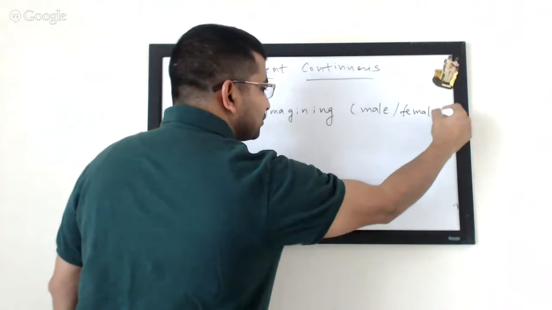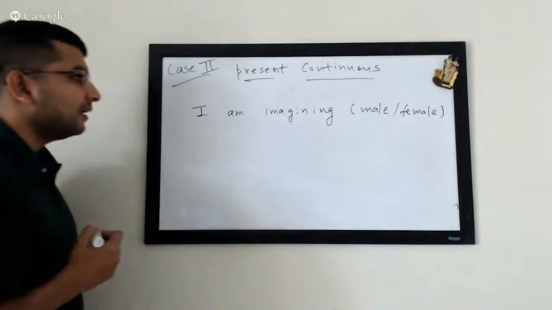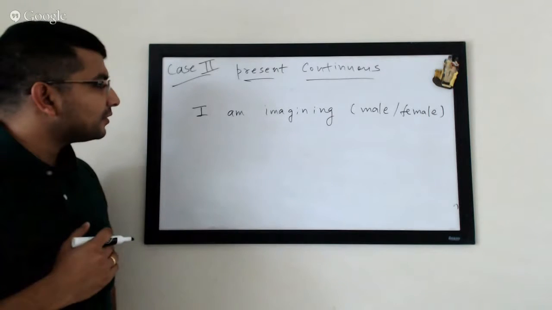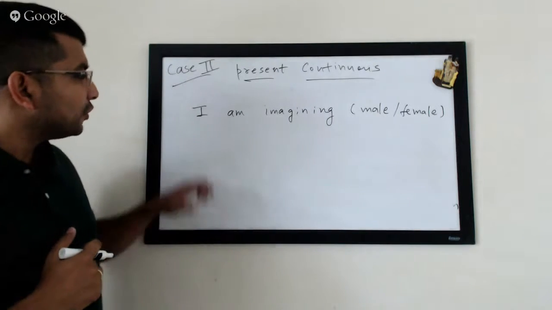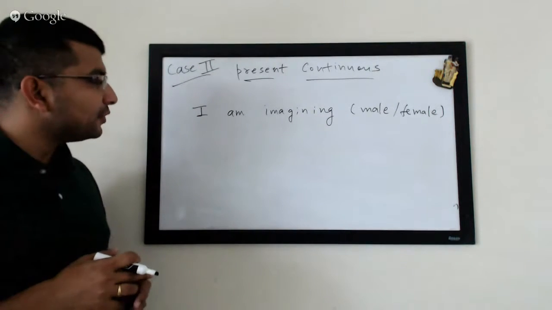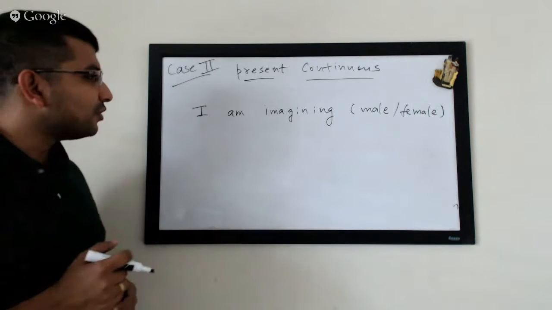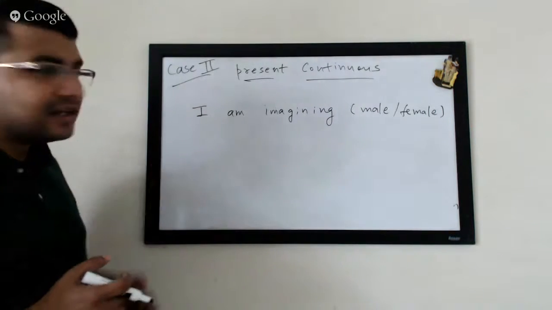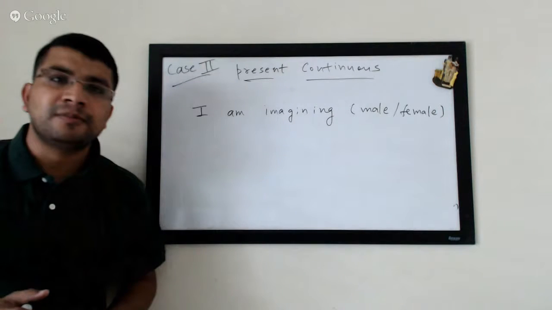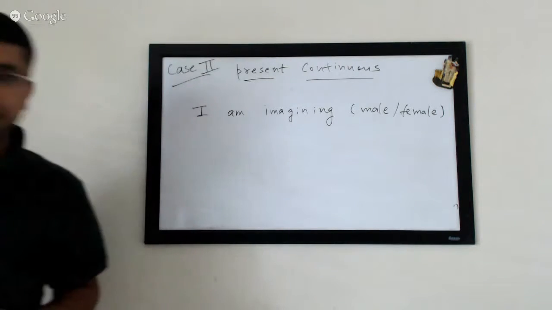So first, let's go over it. I'll give you 10 seconds, so that if you remember how to use present continuous, you can sort of jog your memory. After that, I'll give you the answer. So let's have 10 seconds.